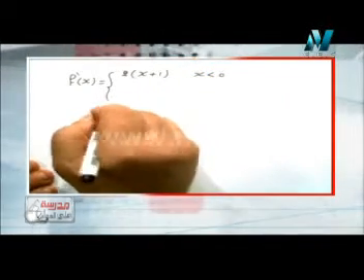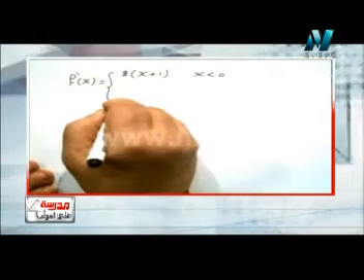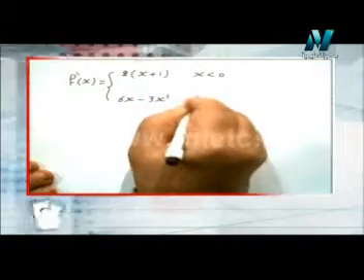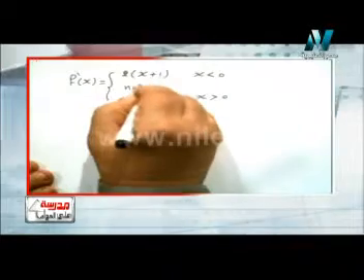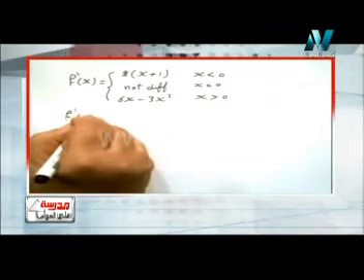If x greater than 0, it is 6x minus 3x square; at x equals 0, not differentiable. After that we put f dash x equals 0.